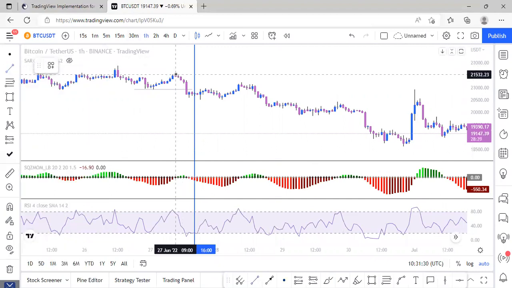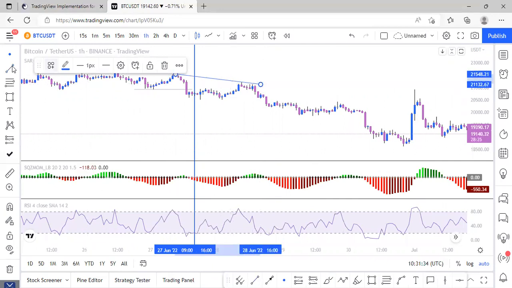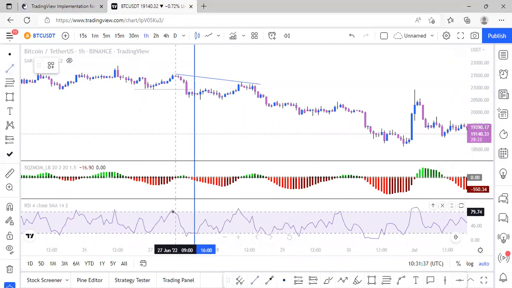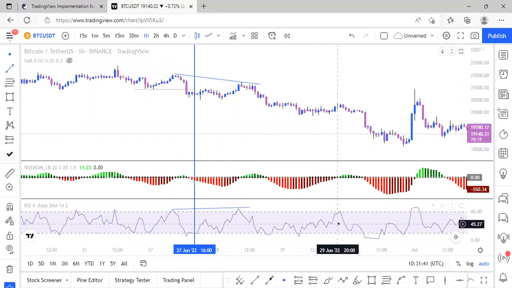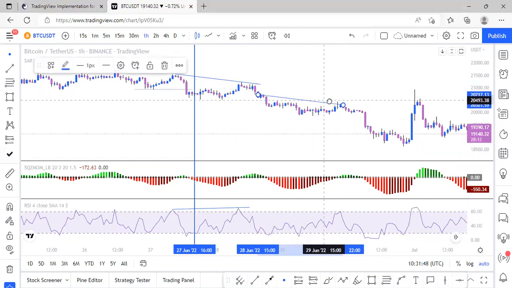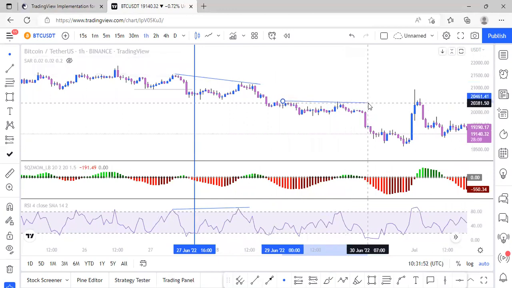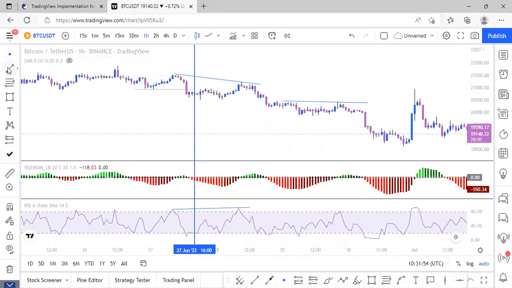So over here we had some nice divergence, and then we had some nice, I think, yeah, some nice divergence at this point. So at this point, was there another divergence? I think we had another good divergence at this point. So this is how you can kill the crypto market using the advanced model.